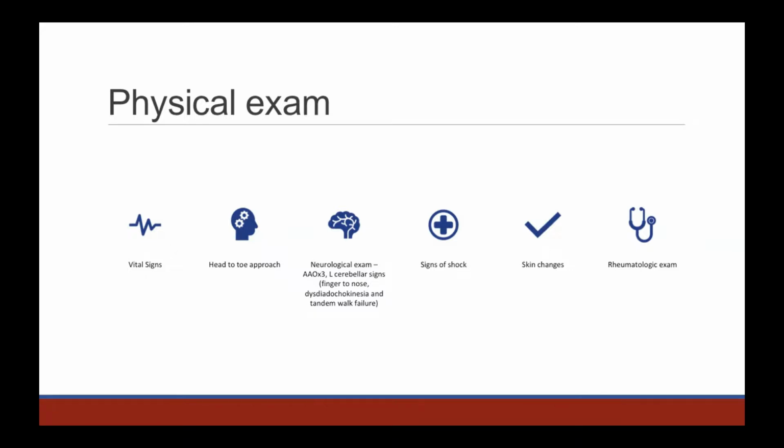And the signs of shock, so we would always consider infection as a potential cause for a presenting patient with thrombocytopenia and anemia with the presence of hemolysis and not just other primary TMAs. Skin changes, any petechiae, any rashes that the patient may have noticed, and rheumatological exam, of course, as well.